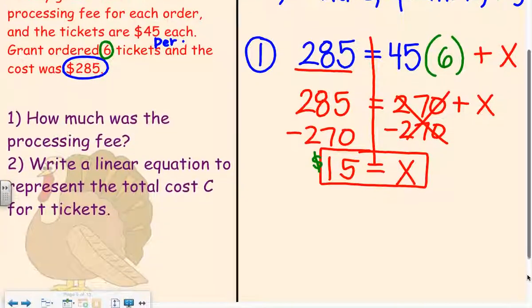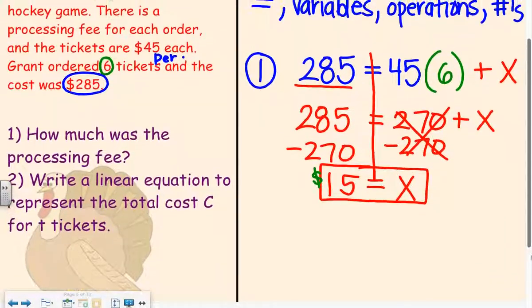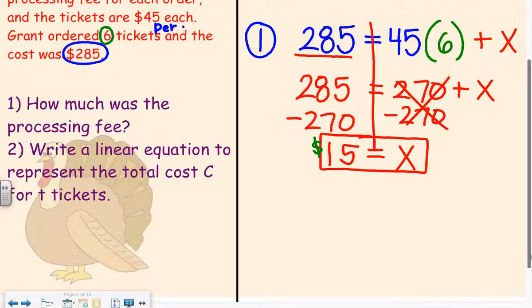All right, part B, write a linear equation to represent the total cost for C tickets. So now we're going to look back at our equation for number 1, but make sure that we have a C in it and a T in it. So now we want to write an equation for total cost.